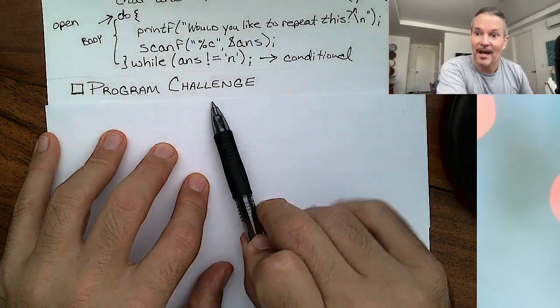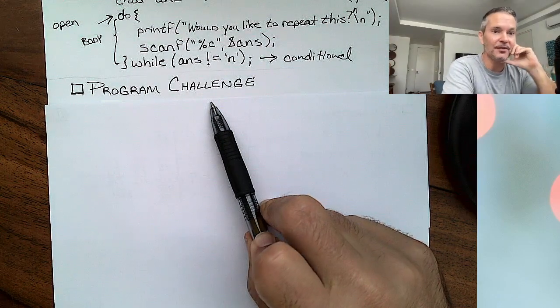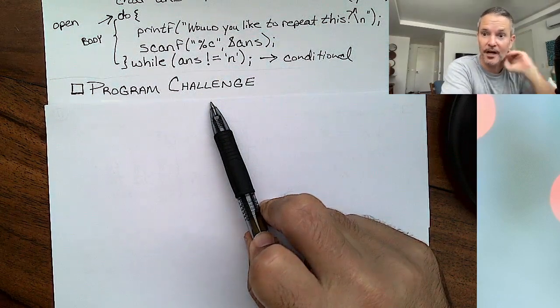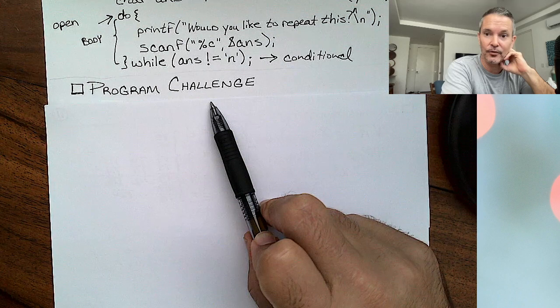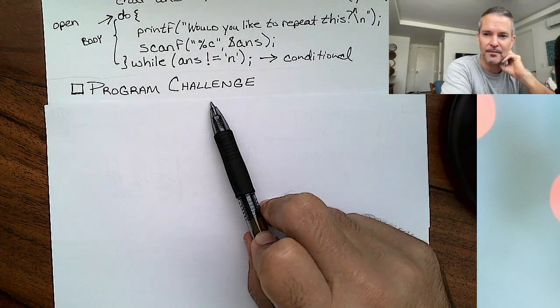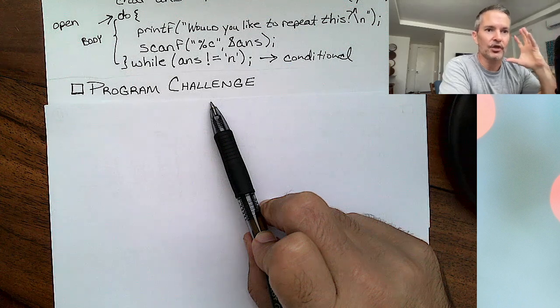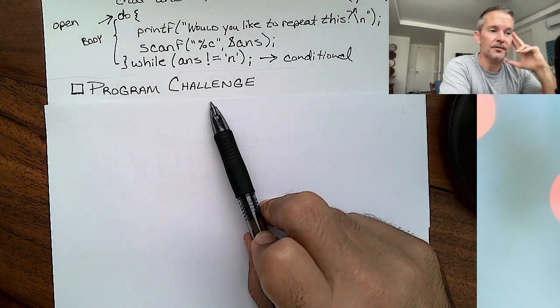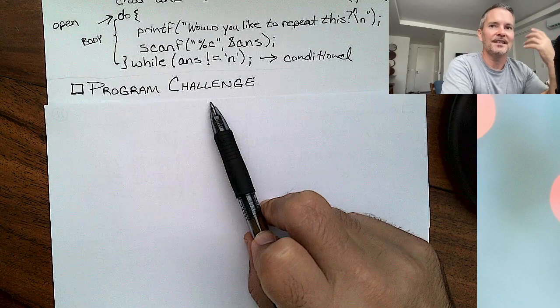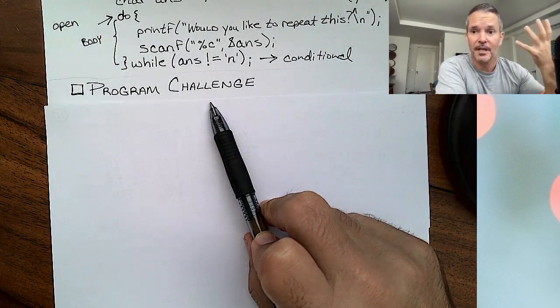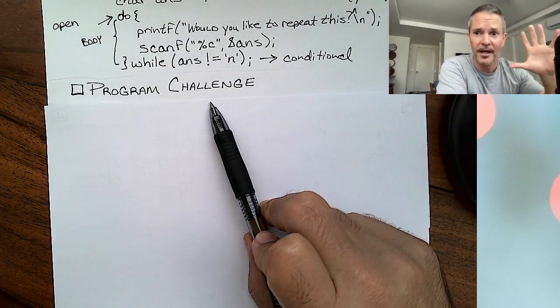All right, now for the first time, I want to give you a programming challenge. You've now got enough information that I can give you an interesting problem to solve. What I'd like you to do is take the challenge, go and try to write your own program that solves the challenge. Now, honestly, this may be a struggle. You may not be able to figure this out. That's okay.